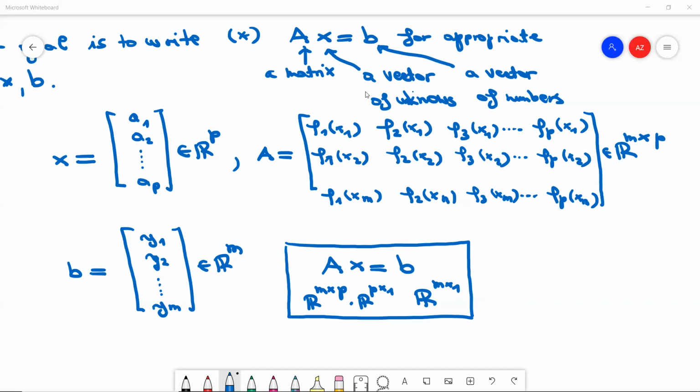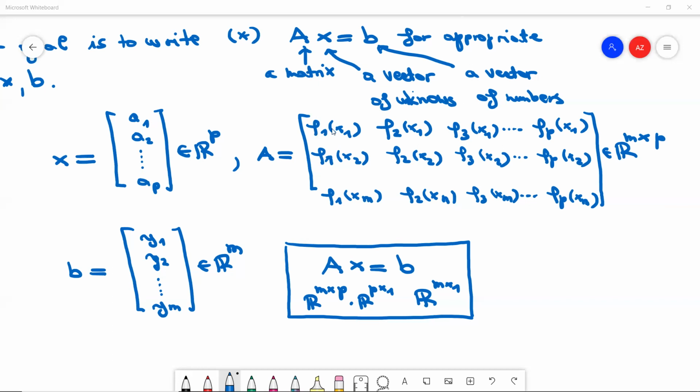We then transformed this linear model into the matrix form. So here in the matrix form AX equals B, X was this vector of unknowns, a1 up to aP. Then A was this matrix of coefficients.